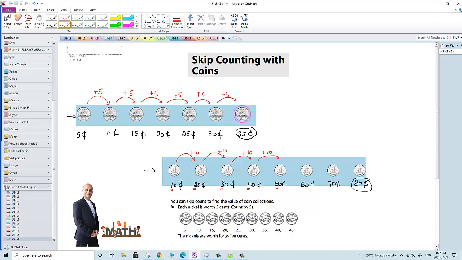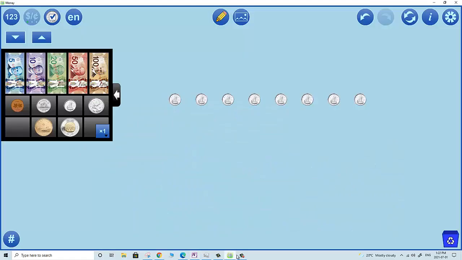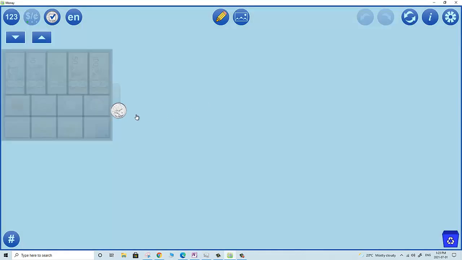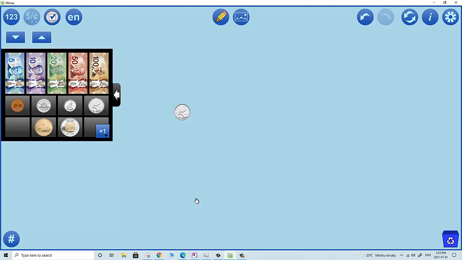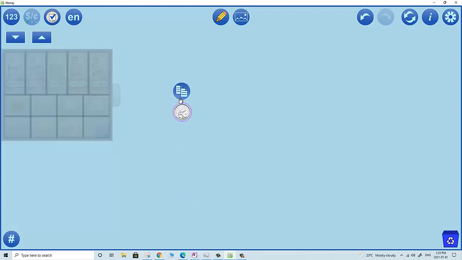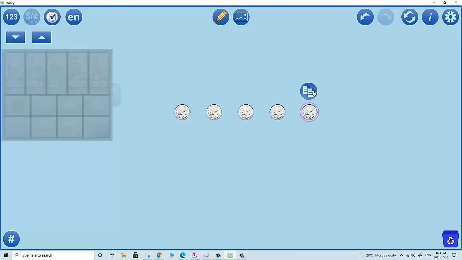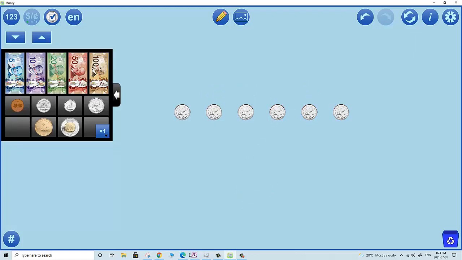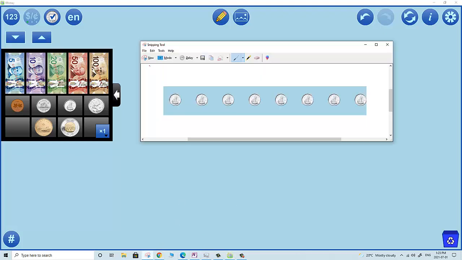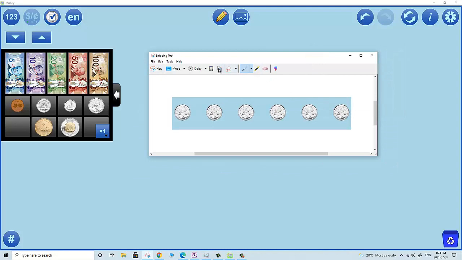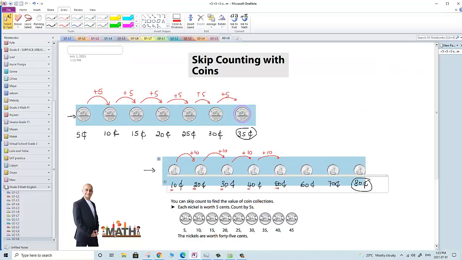What about if I'm using 25 cents? The quarter, this one, this is 25 cents. Let's say I'm adding 4, 5, and 6. Let's say I have this amount of quarters, and I need to know the value. How much do I have?